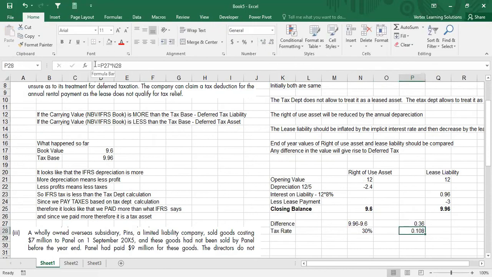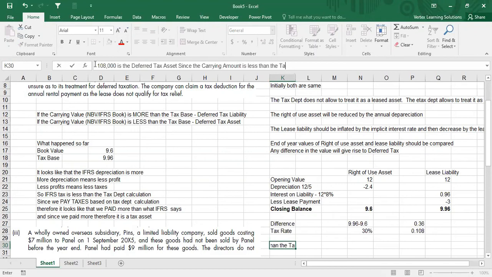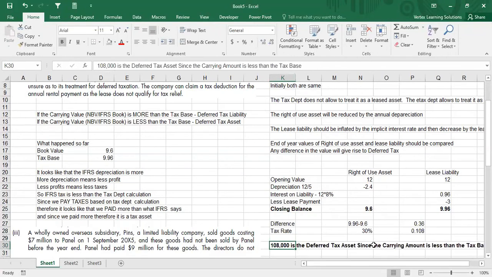So 0.108, or I can say 108,000. Okay, 108,000 is the deferred tax asset, since the carrying amount is less than the tax base. This is the conclusion. So this is how you should be doing it.